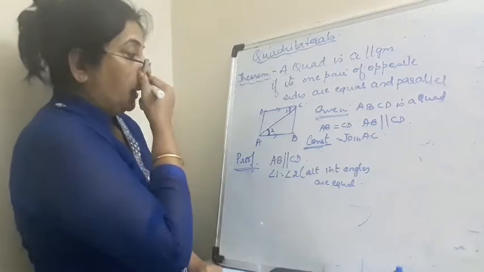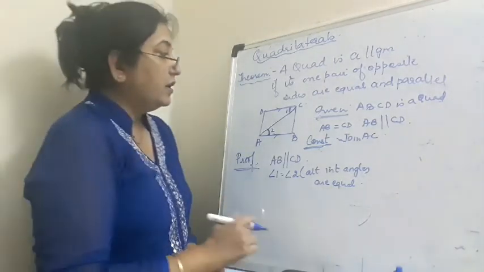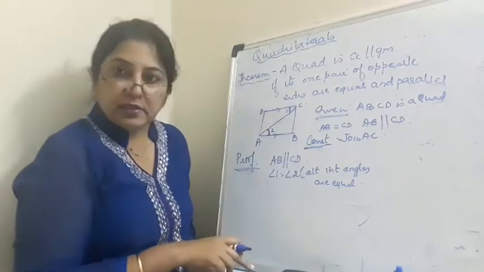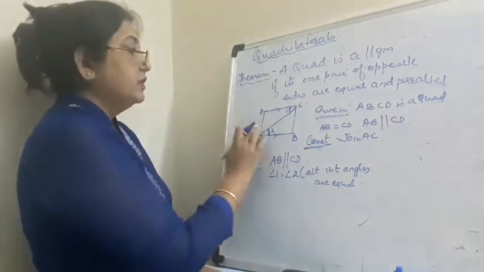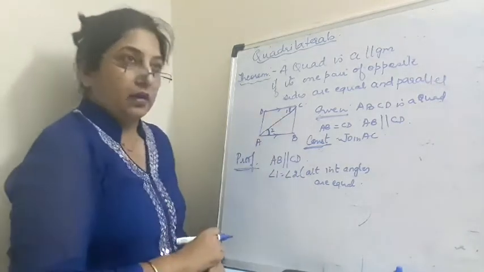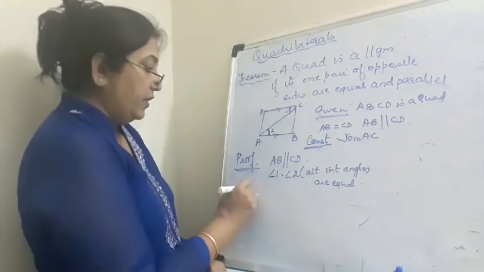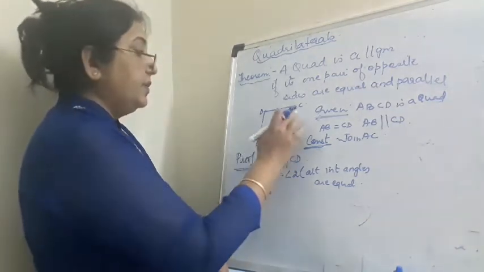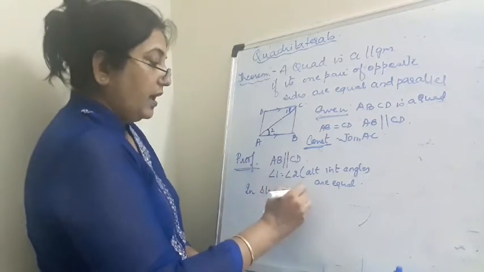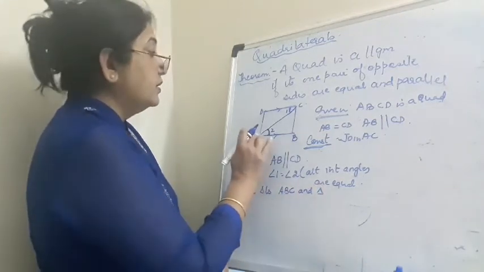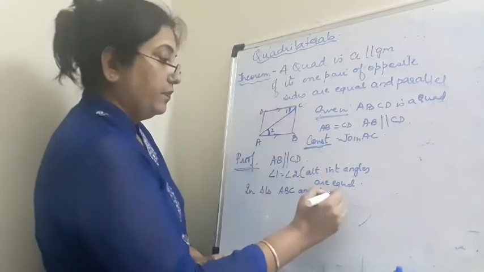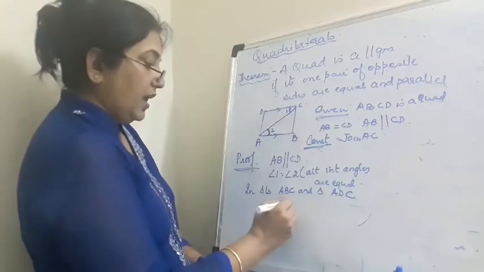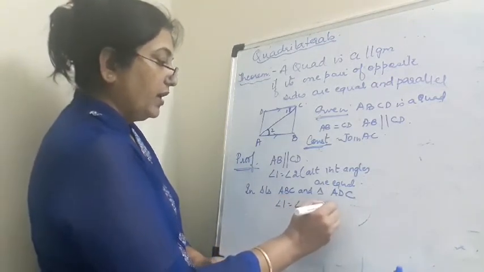Okay, now we will take these two triangles and prove them to be congruent, and then we can prove this other part to be equal and parallel. So let us start. In triangles ABC and ADC, we know that angle 1 is equal to angle 2, which we have just proved above.